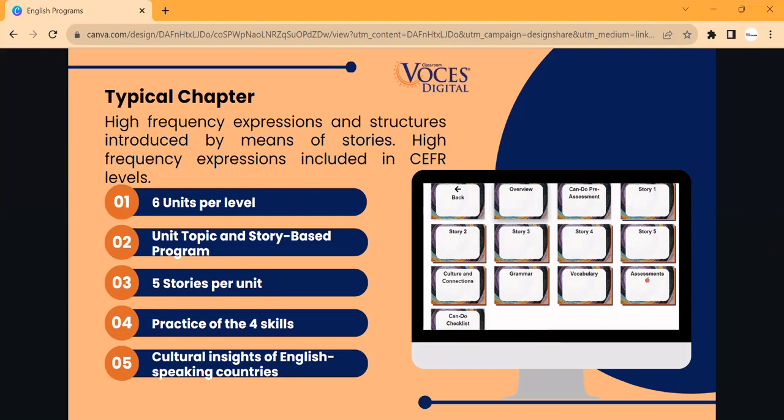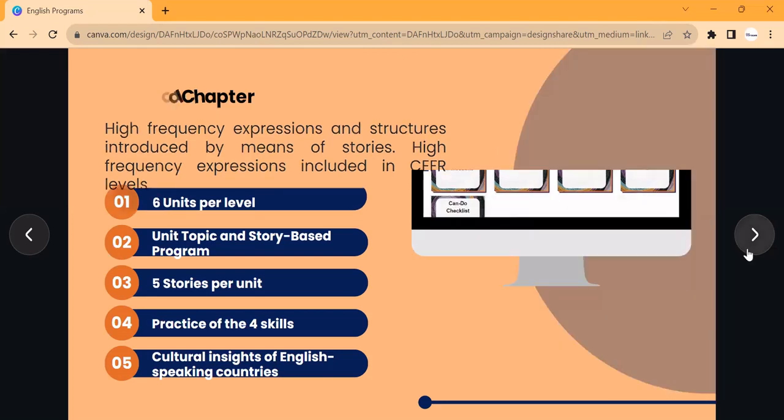You also have the culture and connection sections, the grammar section to support specific grammar points, and the vocabulary section with the list of expressions students need for that unit. We also include our assessments, and then a can-do checklist. I'll dive deeper into this in our next slides.